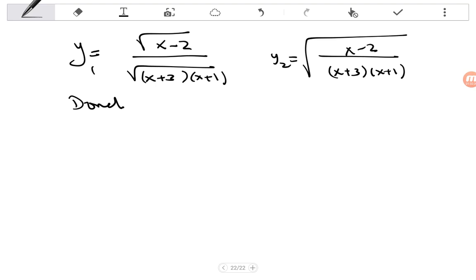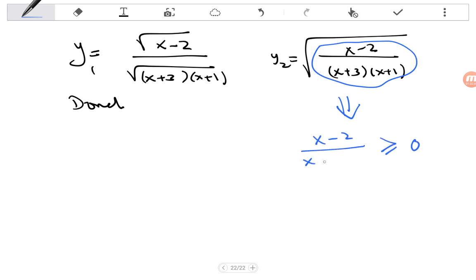I will just give you a hint for the difference between these two problems. For this problem, we have this root. So to find the domain, I will take what is inside the root and make it greater than or equal to 0. So x minus 2 over x plus 3, x plus 1. Then I will solve the inequality.